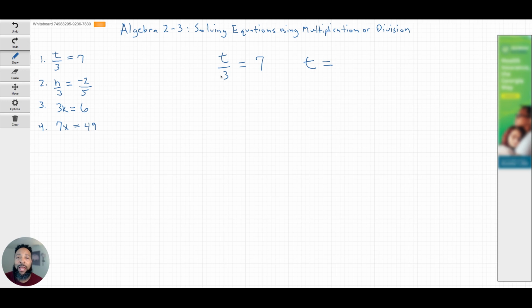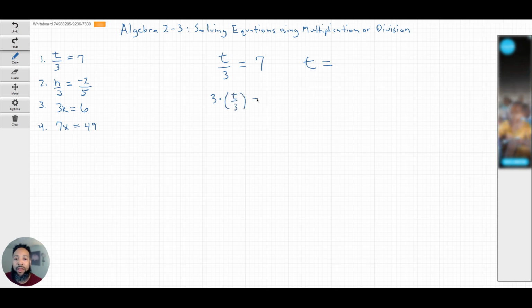If you multiply the left side by 3, you have to multiply the right side by 3, because remember, this is an equals sign here. The left and the right have to equal. So whatever you do to the left, you have to do to the right. In order to get rid of this 3, we're going to multiply everything by 3. So we have 3 times t over 3 equals 3 times 7.